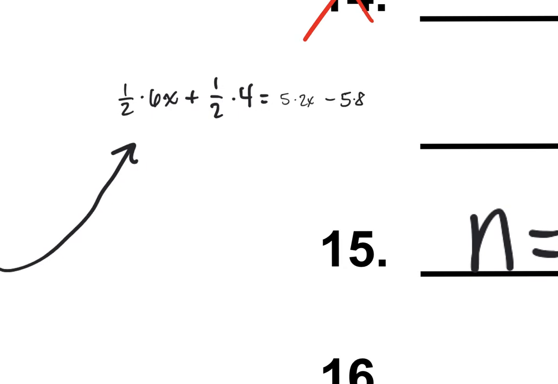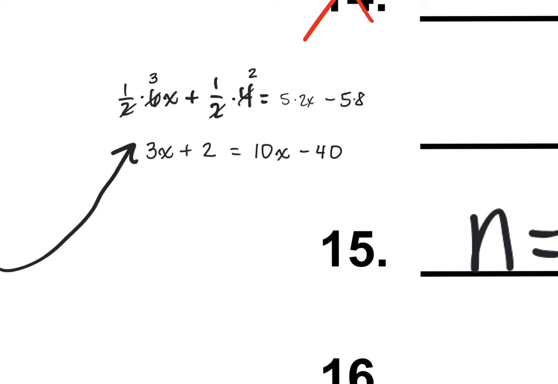Let's do all the multiplication. So we've got 1/2 times 6x. The 2 will cancel with the 6, give us a 3. 3x plus the 1/2 and the 4. The 2 will cancel with the 4, give us a 2. 3x plus 2 equals 5 times 2x is going to be 10x minus 5 times 8 is 40.